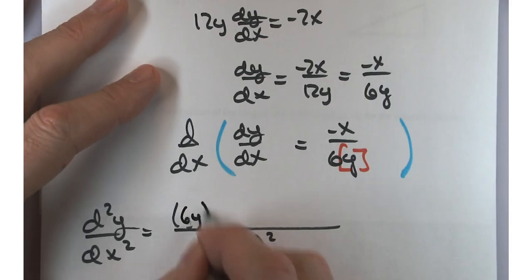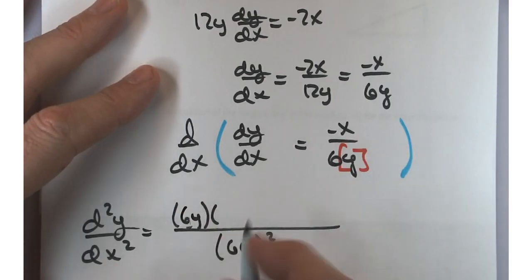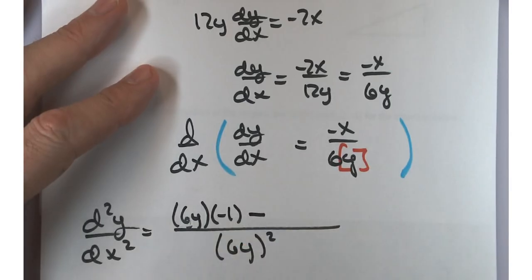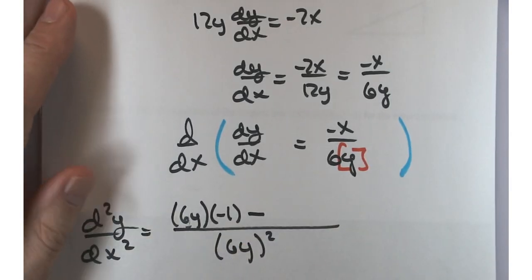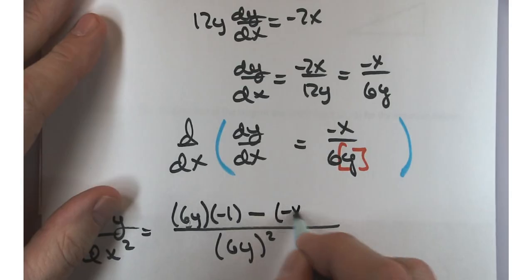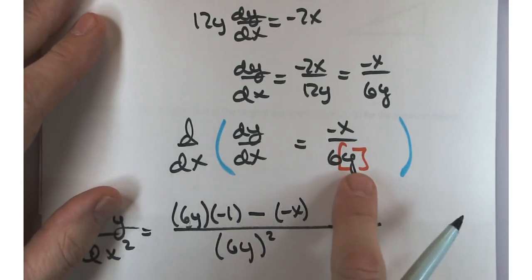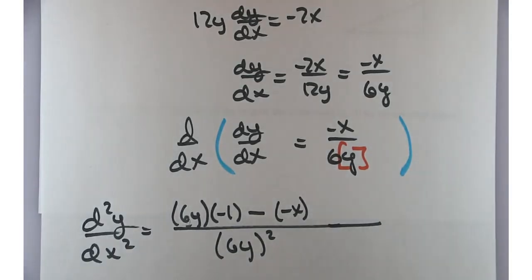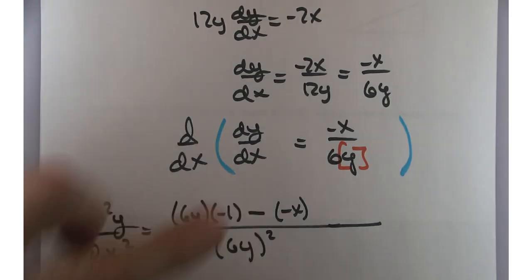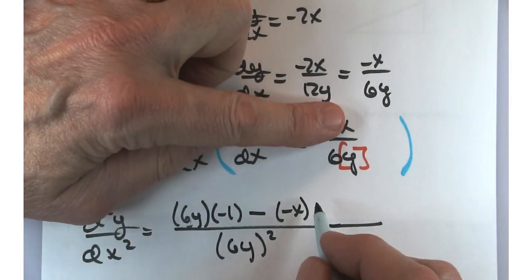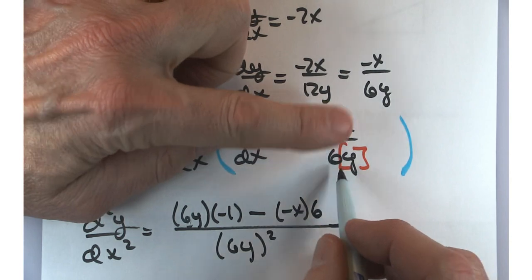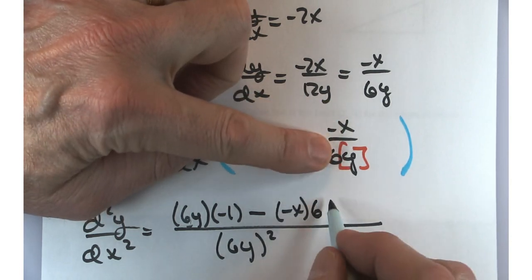The derivative of the numerator is just negative 1, minus the numerator, which is negative x, times the derivative of the denominator. Somebody help me out with the derivative of the denominator. Yeah. 6 times the derivative of this, that's just going to be a dy by dx.